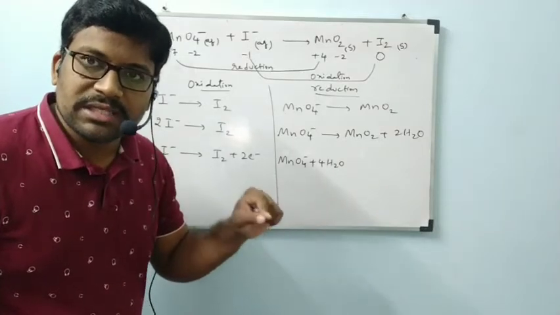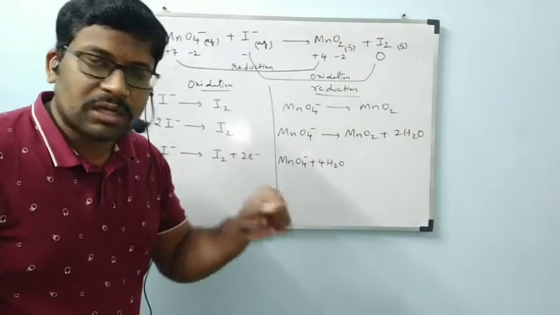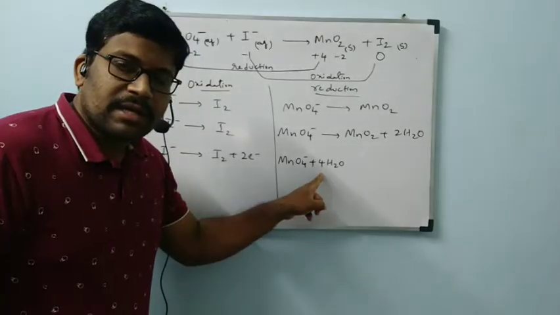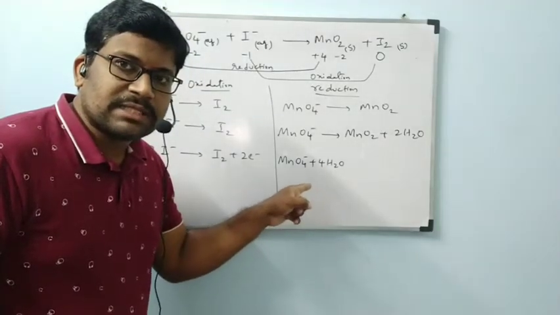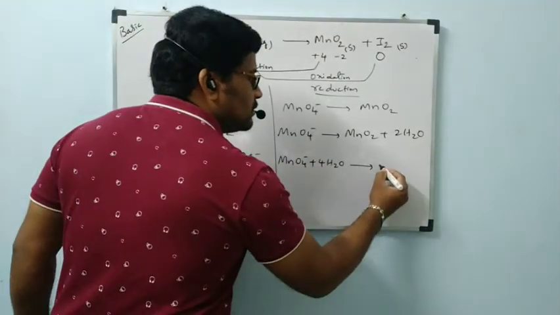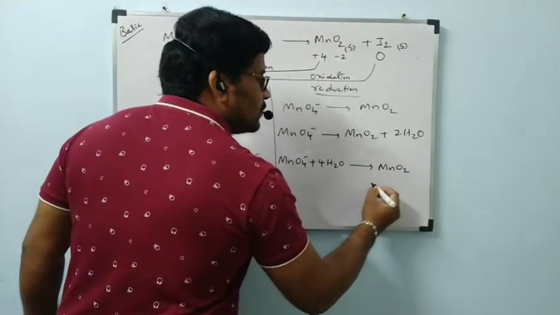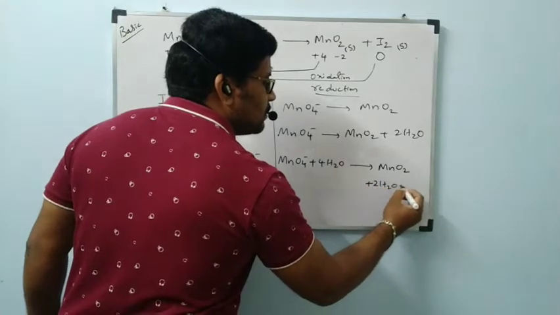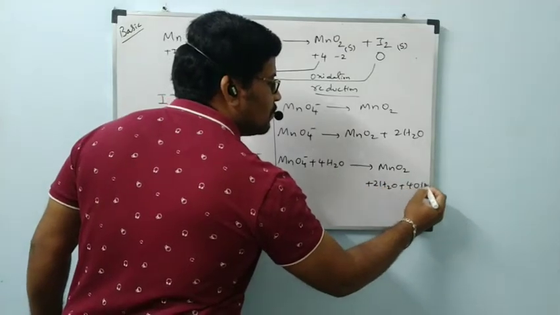How many hydrogens must be balanced? That many water molecules must be added. The same number of OH minus ions must be added on the right side. Then gives rise to MnO2 plus 2H2O plus 4OH minus.